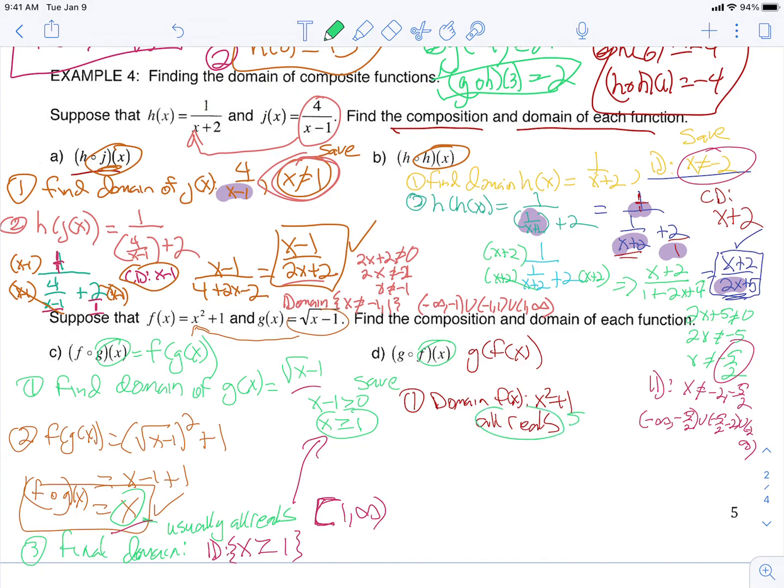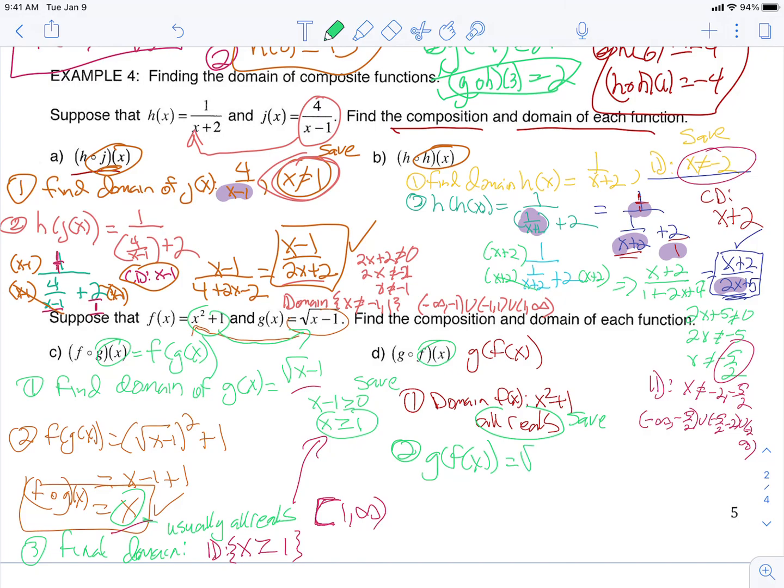Okay, save it. Because we've got to see what the final outcome is. Now, I'm going to find g of f of x. So I'm going to take f of x this time and I'm going to substitute it into the square root of x minus 1.